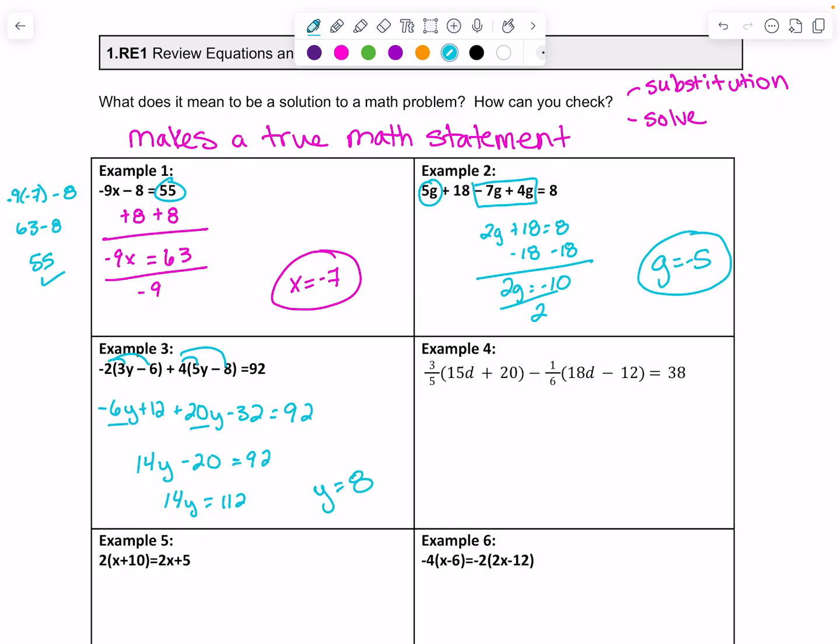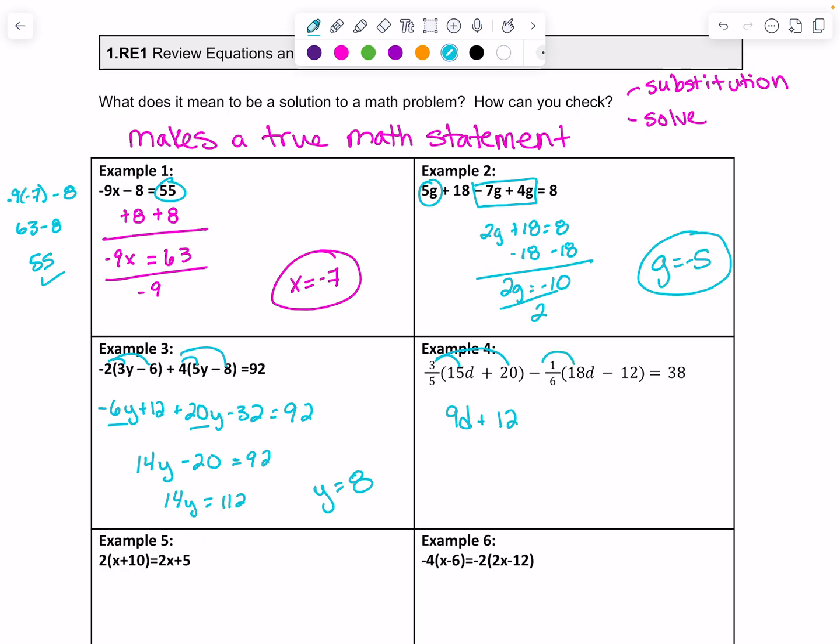Okay, number 4. Distributing again. There are lots of ways to distribute a fraction. What I do in my head is I multiply by 3, divide by 5, so that'd be 45 divided by 5 is 9. You could also do 15 divided by 5 and then times that by 3, however you see it. So I'm going to do 3 times 20 divided by 5.